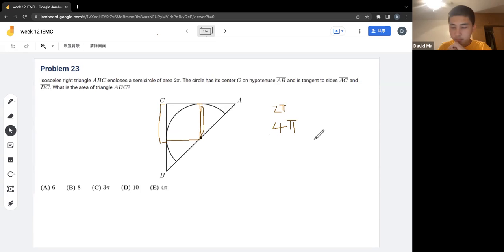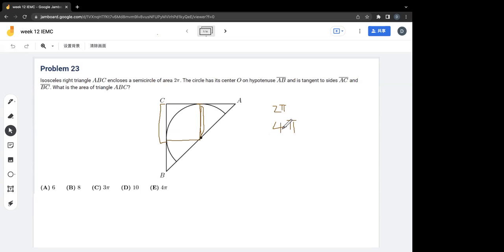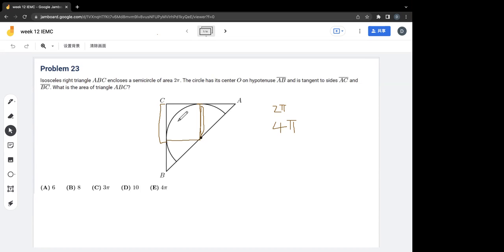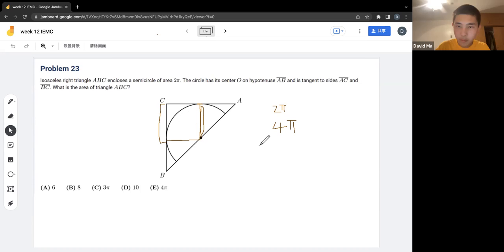Did you guys learn about the equation for the area of a circle? No? Oh, okay. Well, the equation for the area of a circle is pi, which is 3.14, times r squared.